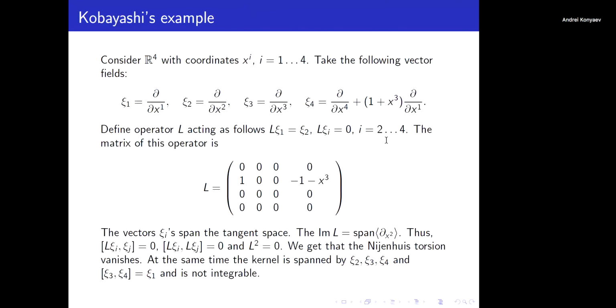Here we give an example which was due to Kobayashi. In the 60s, I think, the paper was written. It deals with so-called zero deformable G structures. We'll mention them. That is how all these questions came about, because Nijenhuis geometry deals with the Nijenhuis operator, but Nijenhuis operators appeared in different branches of mathematics before we started doing this geometry.